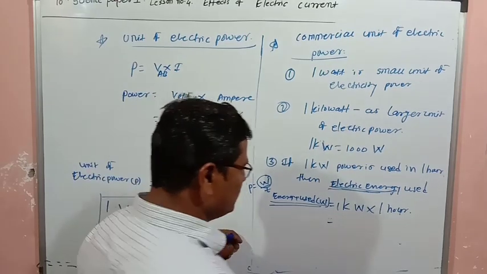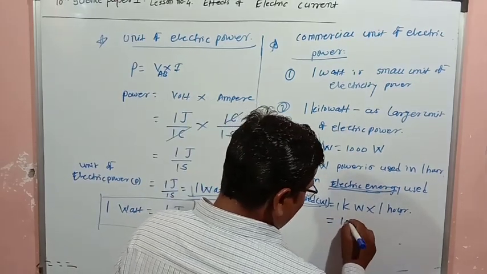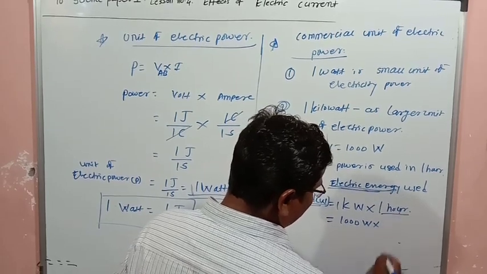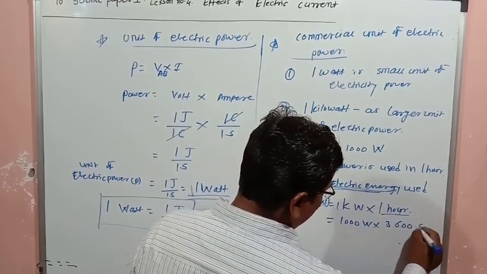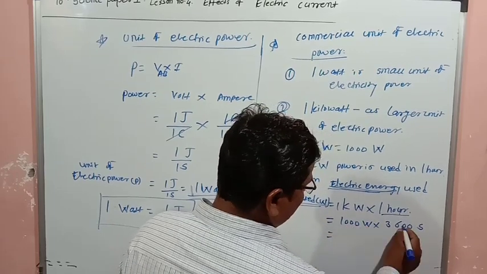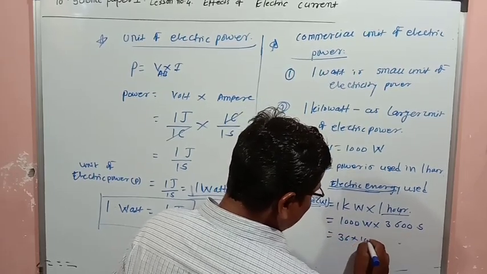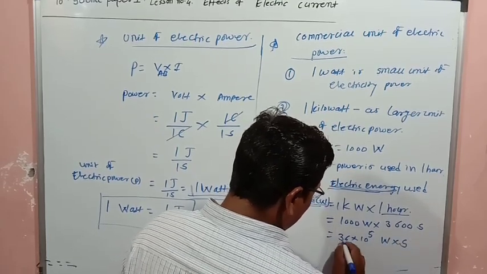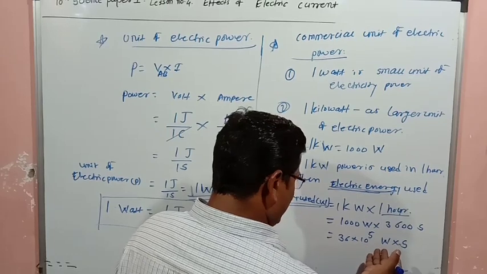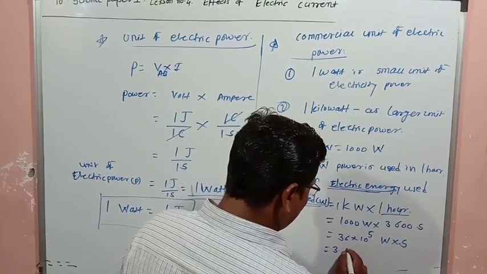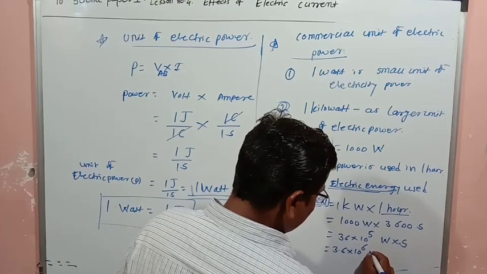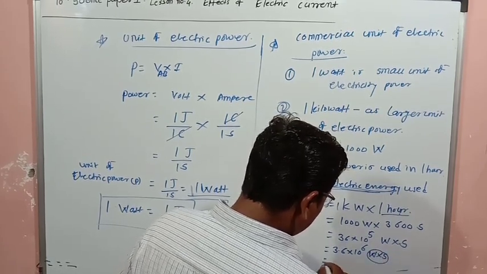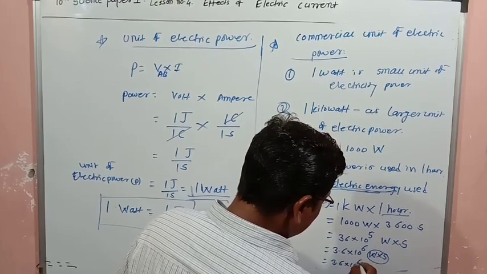It is equal to 1000 watt multiplied by the number of seconds in 1 hour, which is 3600 seconds. So 36 into 10 raised to 5 watt second. If you move one decimal point, it becomes 3.6 into 10 raised to 6 watt second, and watt second is the unit of joule. It is equal to 3.6 into 10 raised to 6 joule.